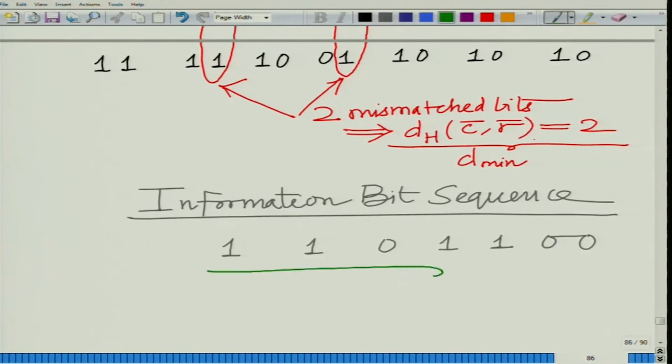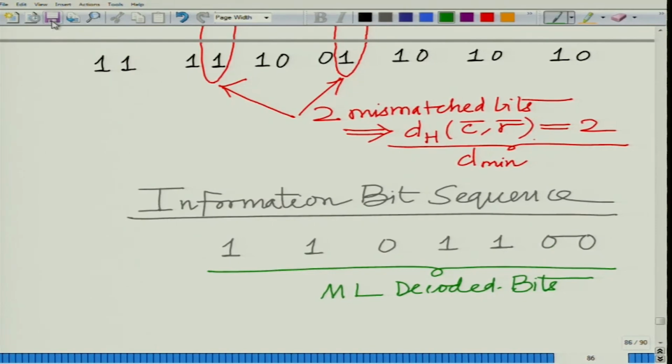This is the maximum likelihood, ML, decoded information. This 1 1 0 1 1 0 0. You can verify that. Okay, this is the decoded information bit sequence.